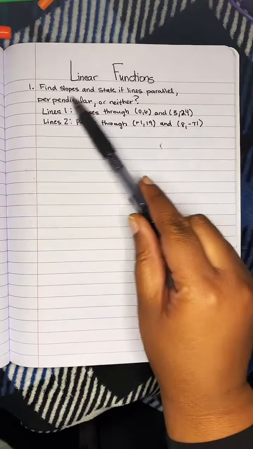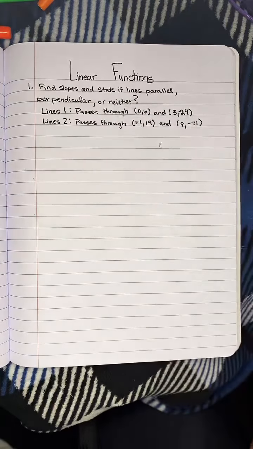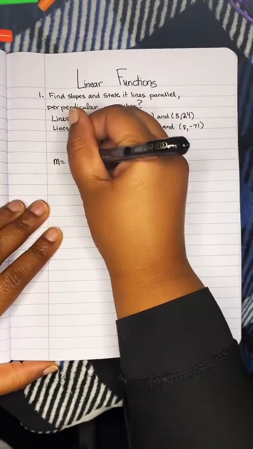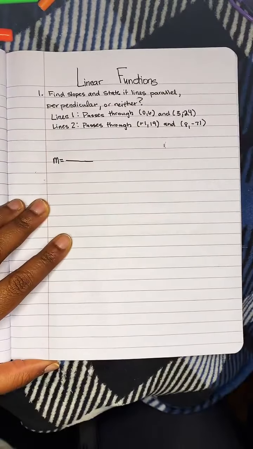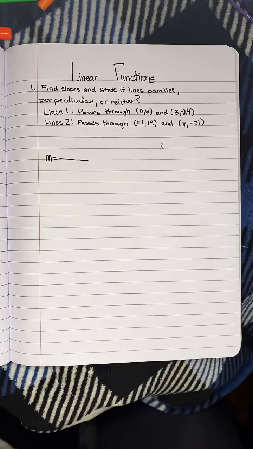All right, so find slopes and state if the lines are parallel, perpendicular, or neither. Okay, does anybody know the slope formula when we're given 2 points? Does anybody know? Yes, Jonathan.